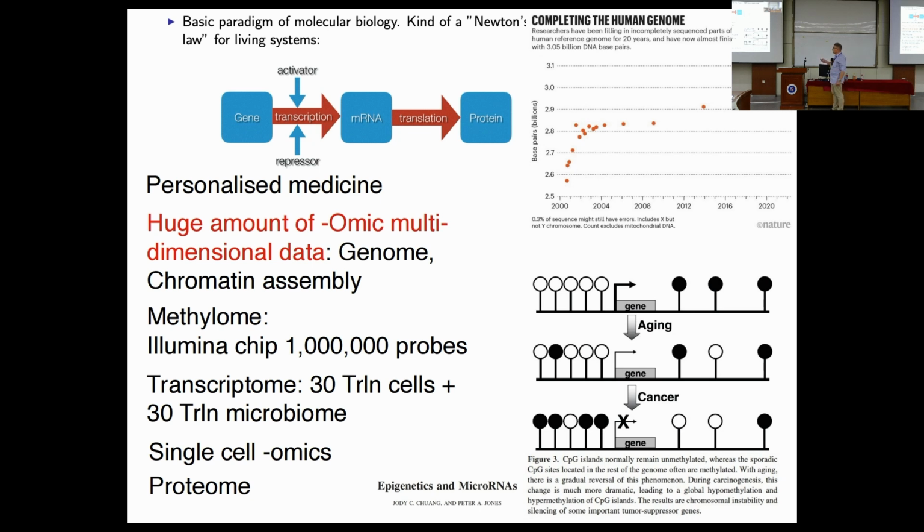The cost was approximately $3 billion for the human genome. Now you can probably sequence it with 23andMe or other companies for $70. And the human genome is 2.3 gigabytes of data, approximately the same amount as in my iPhone.